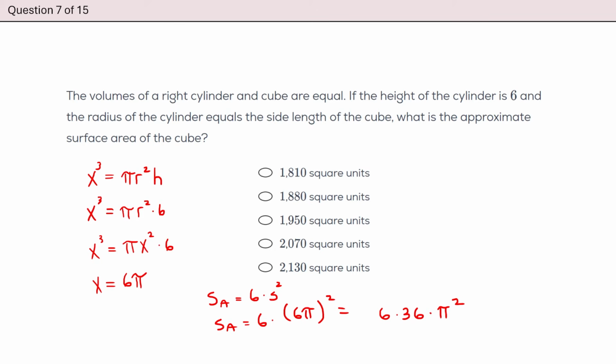We don't have to be that accurate. It says approximately. So 3.14 times 3.14 equals 9.8596. We're going to multiply that by 36, and we're going to multiply that by 6. And what do we get? We get 2,129 approximately, which is going to most closely match 2,130.